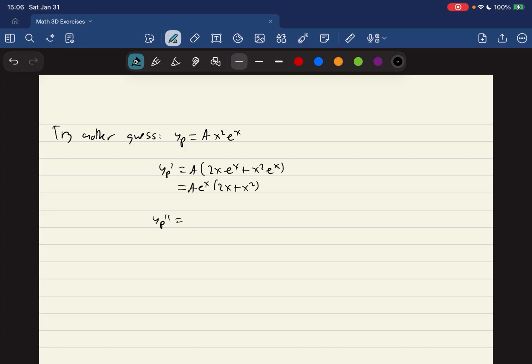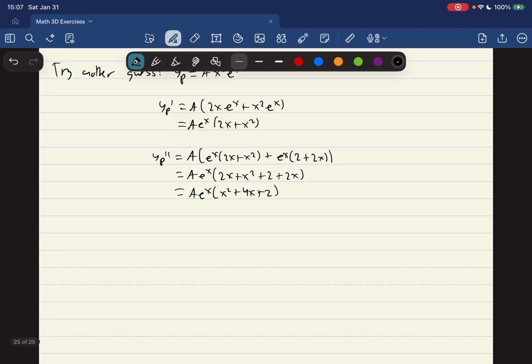And y sub p double prime will be a e to the x, 2x plus x squared, plus e to the x, and then this will be 2 plus 2x. And so this simplifies to, factoring out e to the x, 2x plus x squared plus 2 plus 2x, which is a e to the x, x squared plus 4x plus 2.